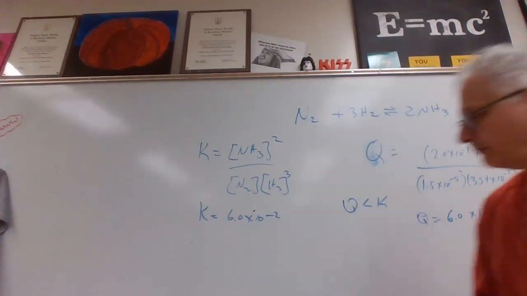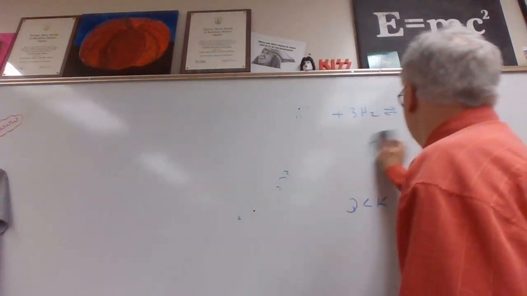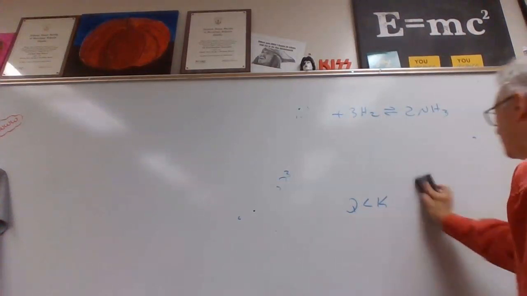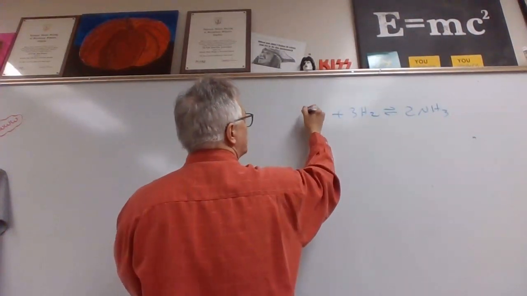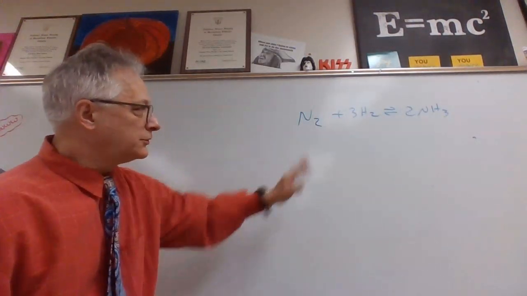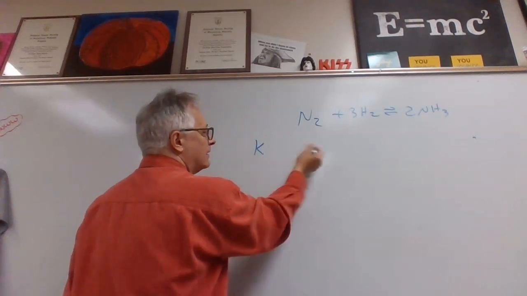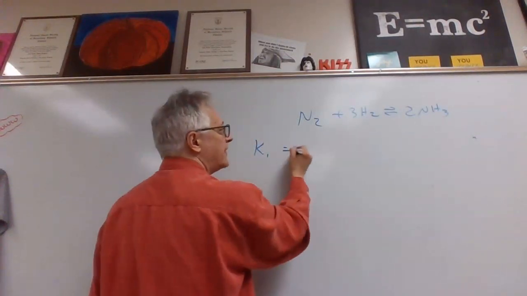Before I wrap the video up, I just want to touch base a little bit on these relationships between equilibrium constants. Don't forget, K for the forward reaction, I'll call it K1. We know what that is.